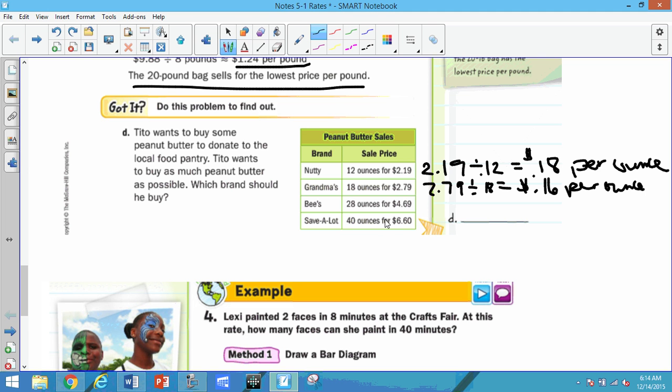Okay, then you have B's, which is $4.69 divided by 28. So if you take $4.69 and divide that by 28, you end up with an answer of 16.75, so that rounds up to 17 cents per ounce.